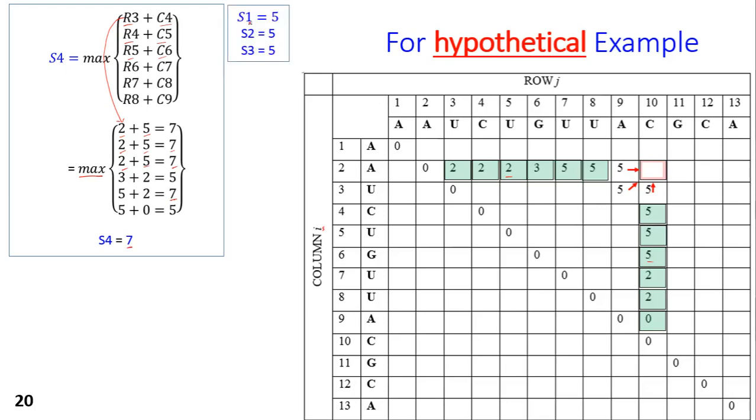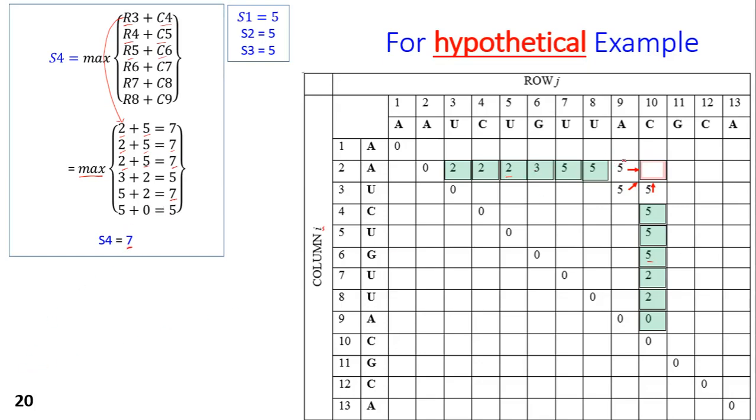So we know the value of S1 is 5, diagonal box is 5. The value of S2 is 5. The value of S3 is 5. And we have just calculated the value of S4 is 7.